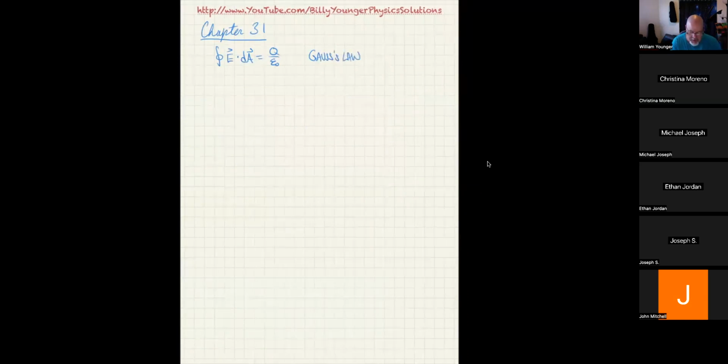But there turns out to be a similar equation, which you might not necessarily get. But right here, what I want you to understand is that the left-hand side is the flux. We've talked about flux before. We talked about it again with Faraday's law, in fact, the electrical flux and the magnetic flux. But we're going to now talk about electric flux as well.